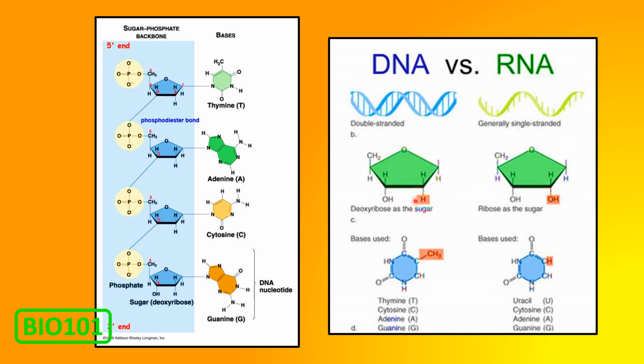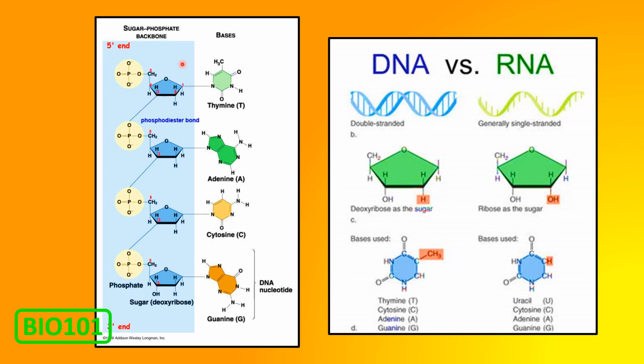Here are your bases over here, and this says sugar phosphate backbone. So when you see a molecule of DNA or RNA drawn out like this, these wide lines represent the sugar phosphate backbone.